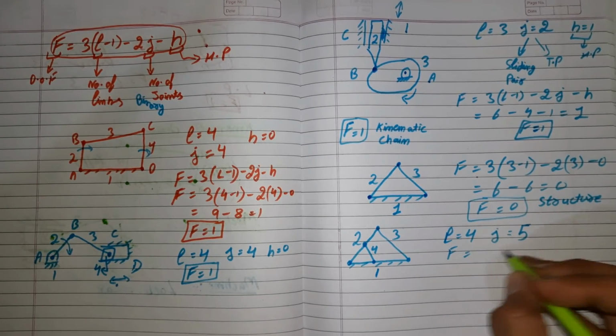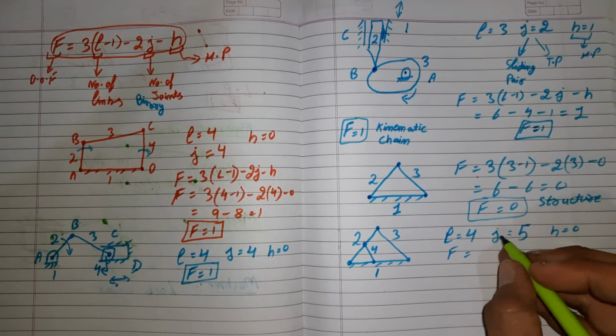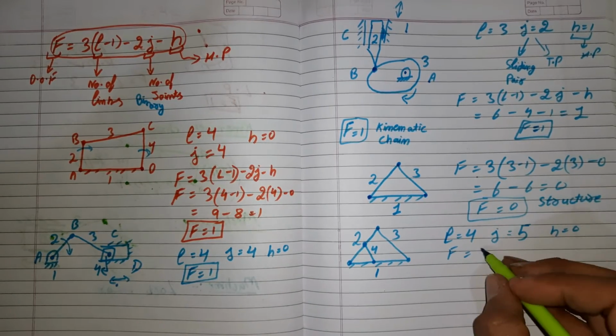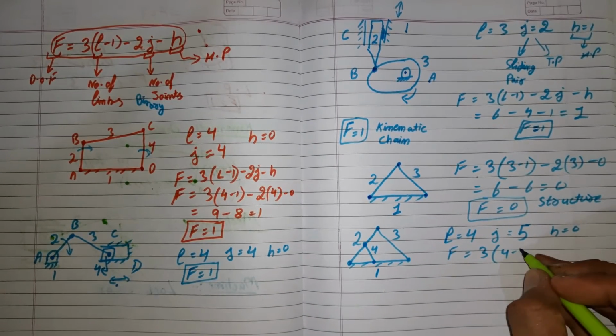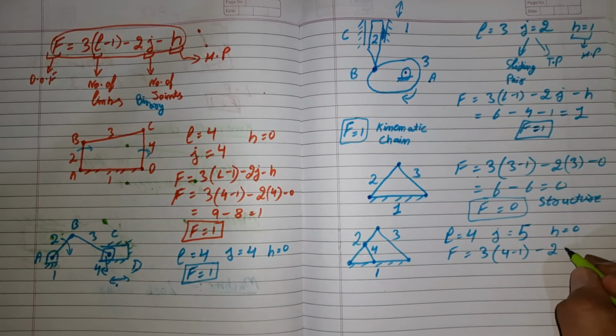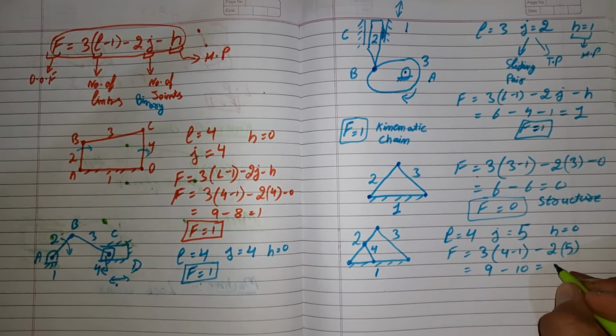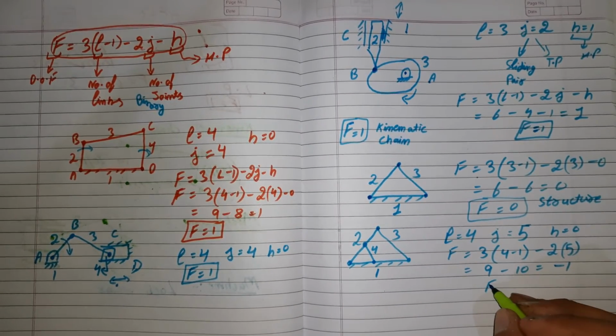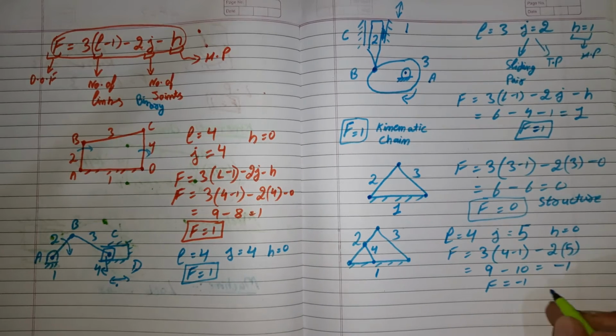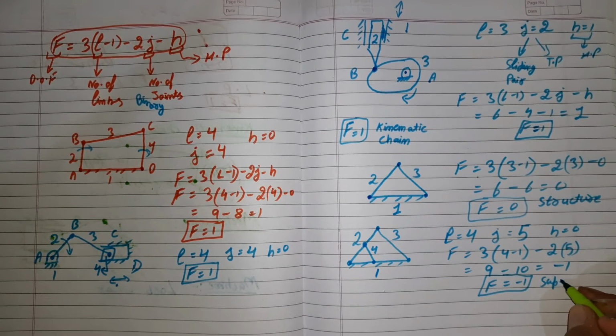Now here H is 0. Its degree of freedom here is 3 into (4 minus 1) minus 2 times 5. It comes out to be 9 minus 10, which is negative 1. If degrees of freedom turns out to be negative 1, then it means that it is a superstructure.